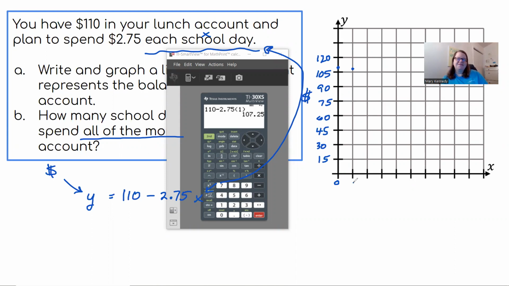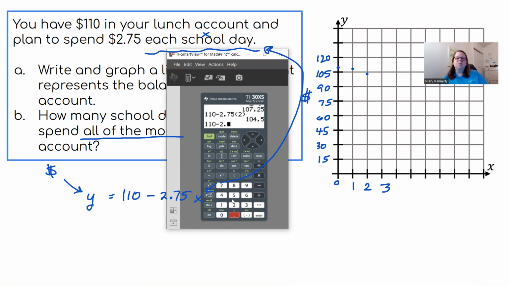Now that's if our graph is going to go by ones here. So if you're writing as you're watching, I wouldn't do that because I want to show you something. I just want to point out, so just watch for a moment. So after 2 days, we're down to $104.50. So after 2 days, it's a little bit less than $105. Okay. Let's do 3 days.